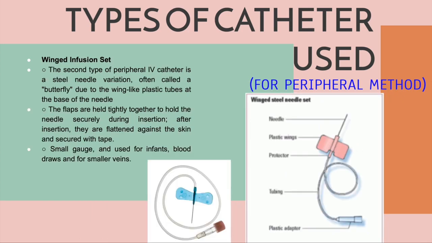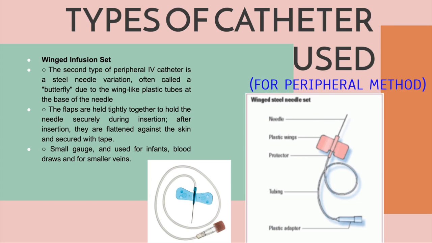And the last type of catheter used for peripheral method is the winged infusion set. From the word wing, it looks like a butterfly which has a wing-like structure. This second type of peripheral IV catheter is a steel needle variation, also often called butterfly due to its wing-like plastic tubes at the base of the needle.